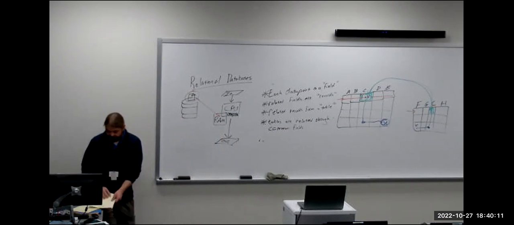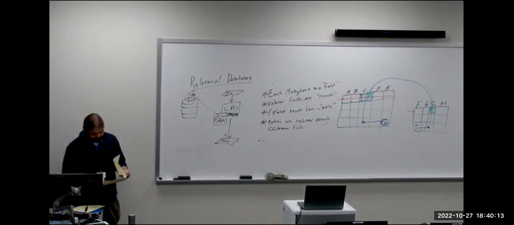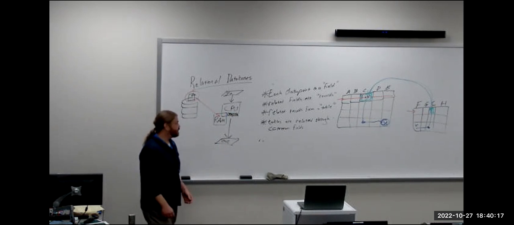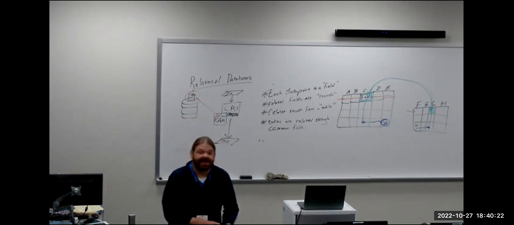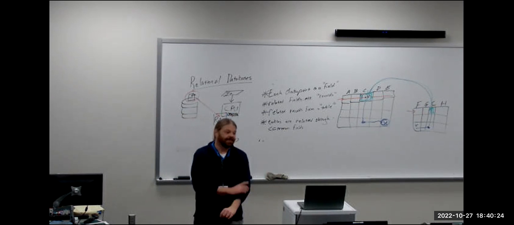I think that's everything I wanted to say about databases. Just about everybody has to take the DBMS 110 class. So if you haven't had it yet, you will have to at some point.